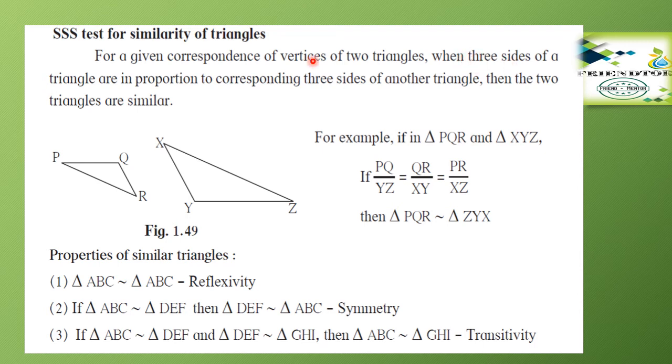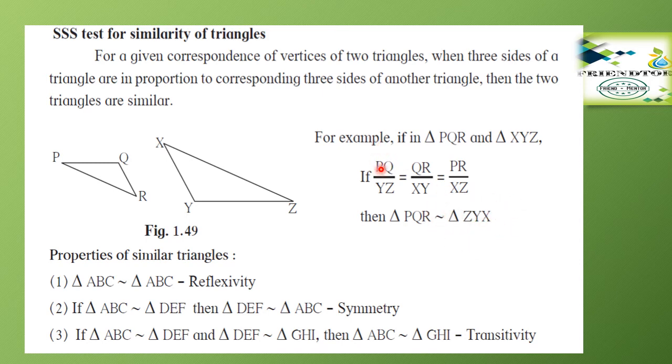When three sides of a triangle are in proportion to the corresponding three sides of another triangle, then the two triangles are similar. For example, if you have two triangles PQR and XYZ, and PQ upon YZ is equal to QR upon XY is equal to PR upon XZ, then if you observe, the vertices have been taken in a different order.